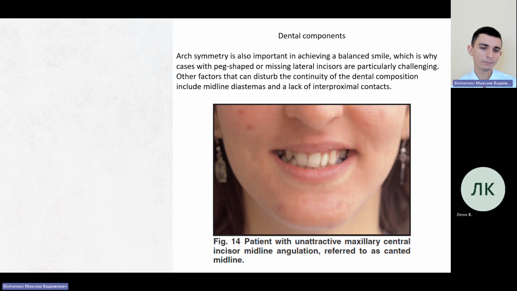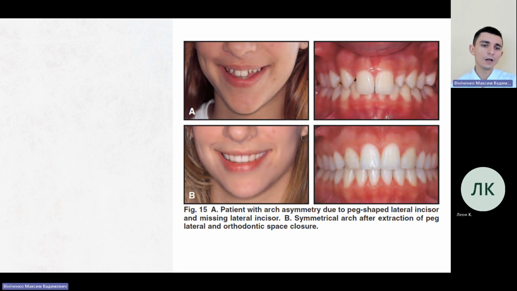On the photo, you can see a patient with unattractive maxillary central incisor midline angulation, referred to as canted midline. A patient with arch asymmetry due to peg-shaped lateral incisor and missing lateral incisor. Symmetrical arch after extraction of peg lateral and orthodontic space closure.